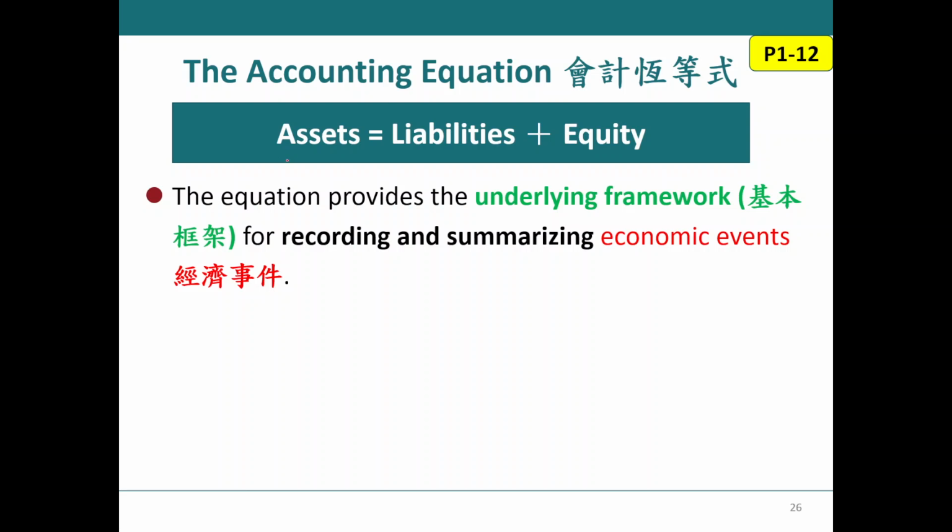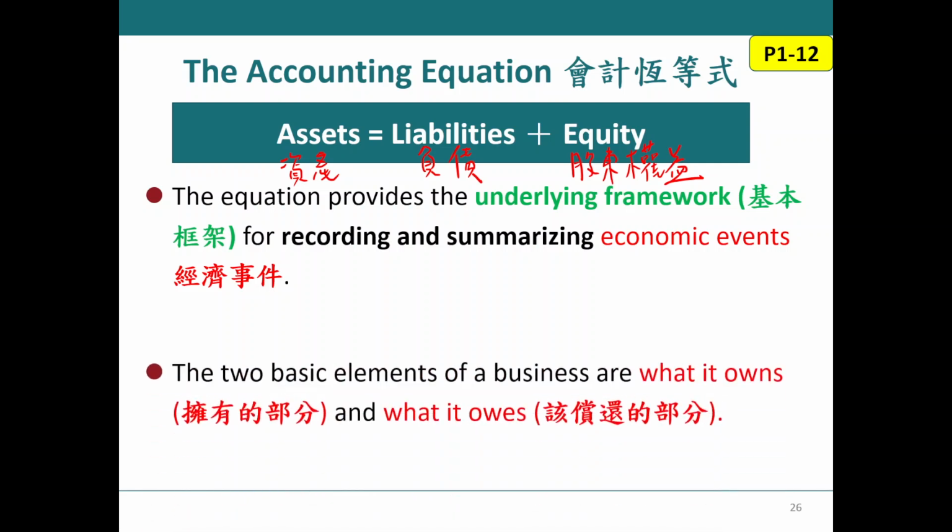Okay, so what is assets? 资产, right? What is liabilities? 负债. What is equity? 股东权益. So assets tell you what you have, what you own.